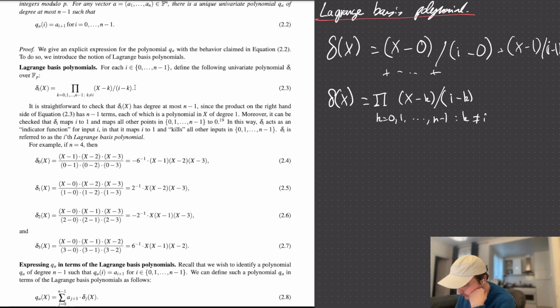So this is the Lagrange basis polynomial. It's straightforward to check that.